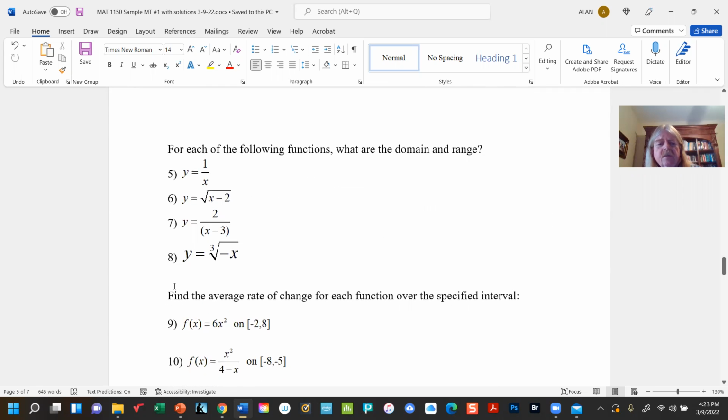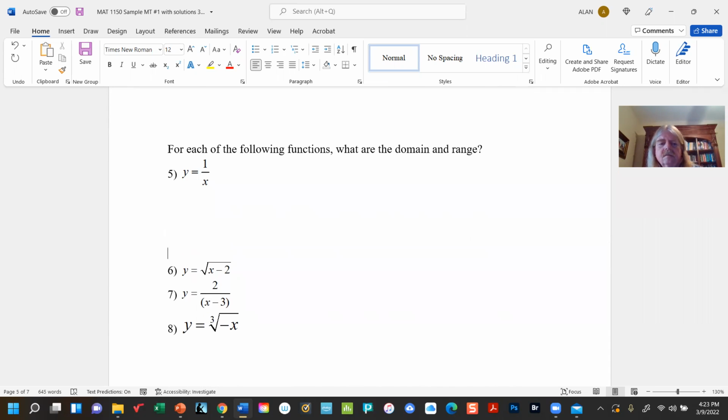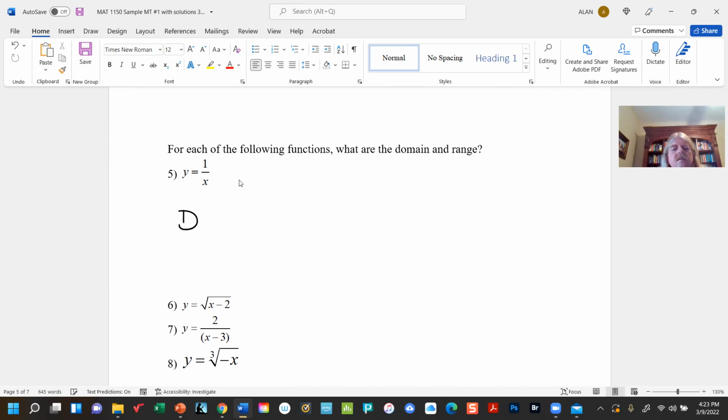Now down here, domain and range. So basically, what we're after here is we're trying to figure out the domain. It turns out that x cannot equal 0. So therefore, the domain is everything from -infinity up to 0, union 0, +infinity.